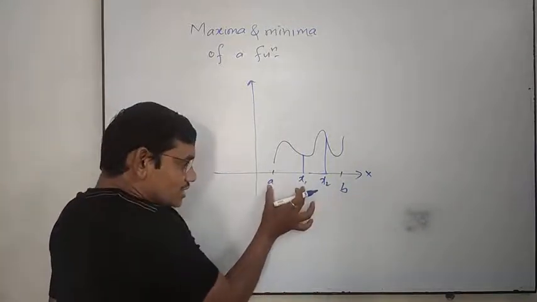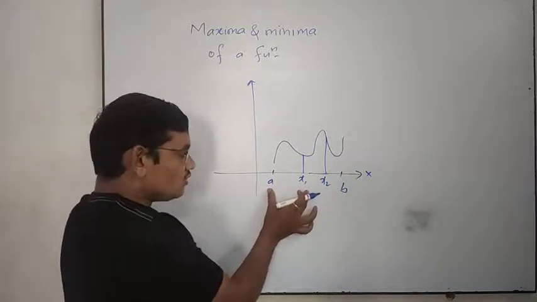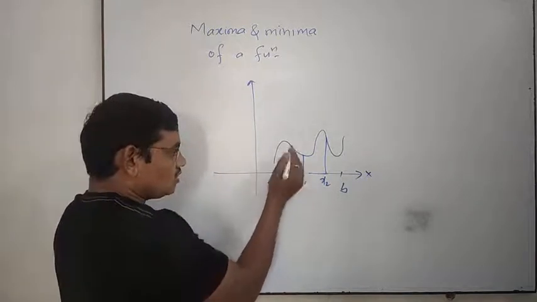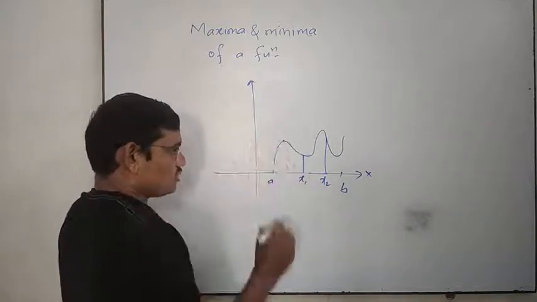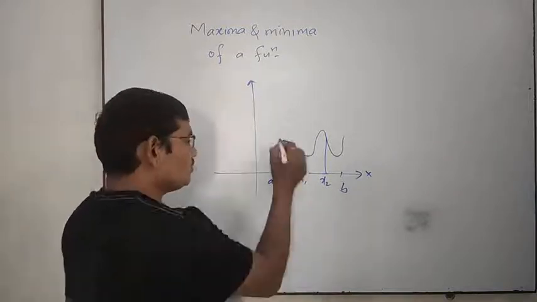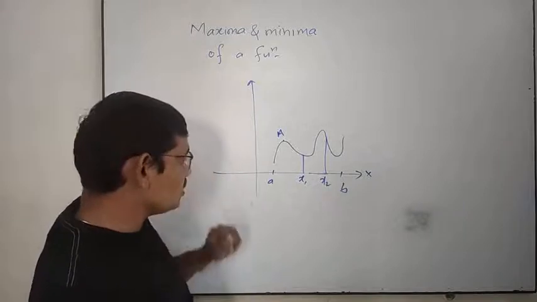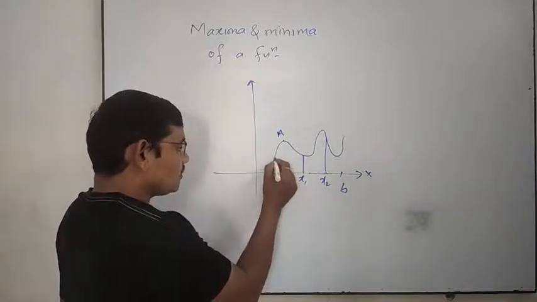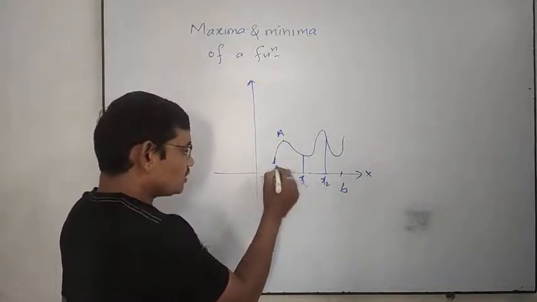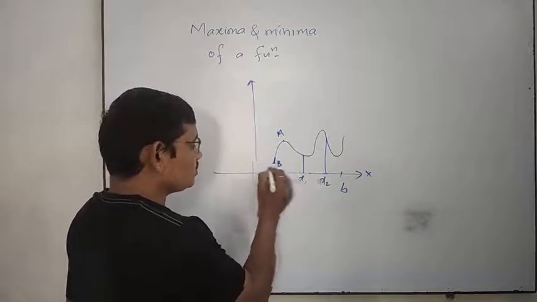Now let us see this interval. In this interval, if we see here, the function is maximum at this point. Let it be a, suppose. And if we see function is minimum at this point, let it be b, suppose.